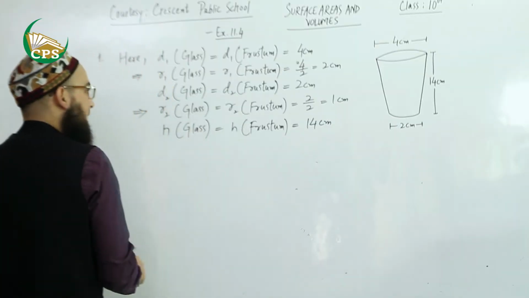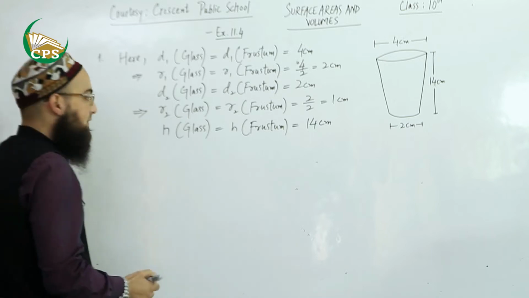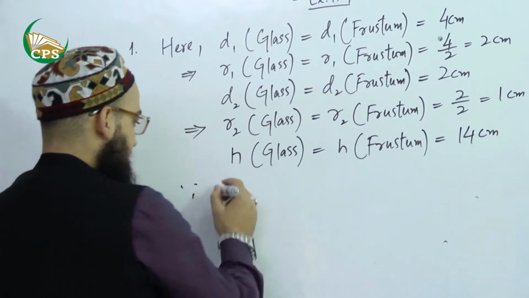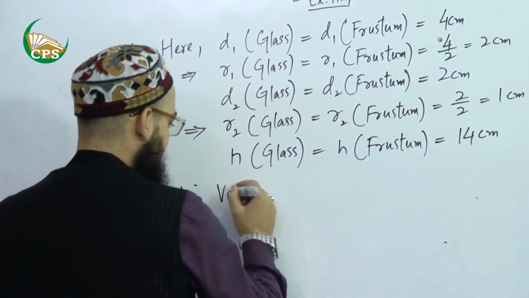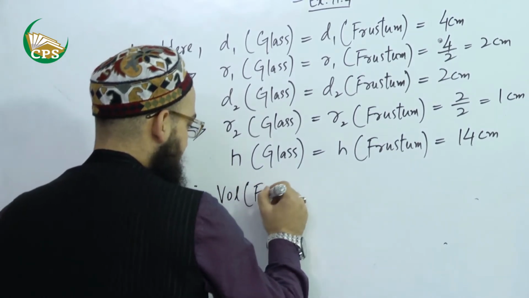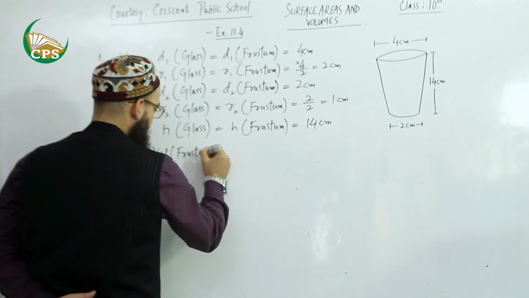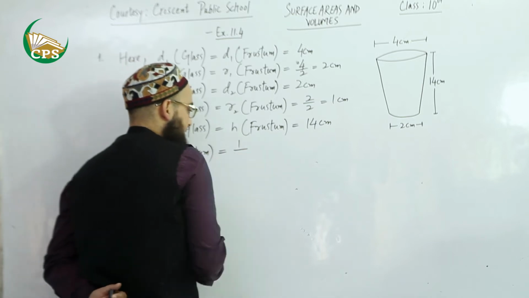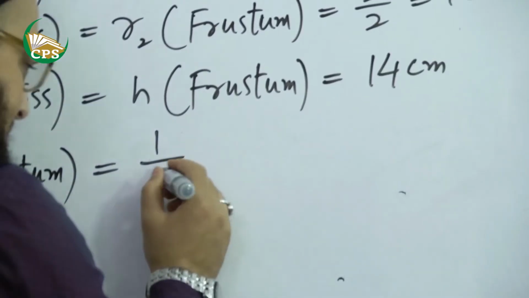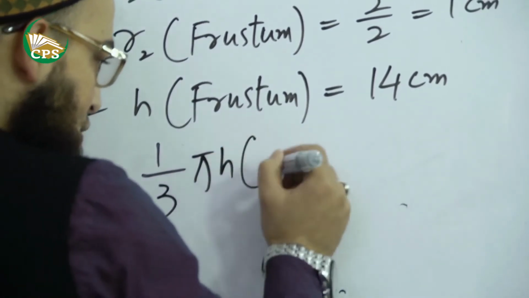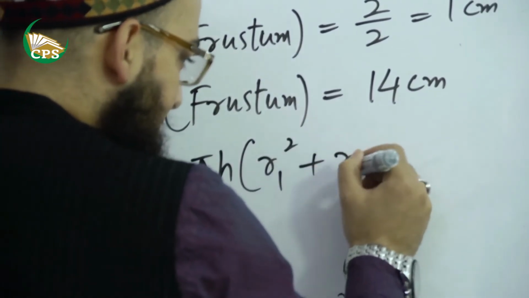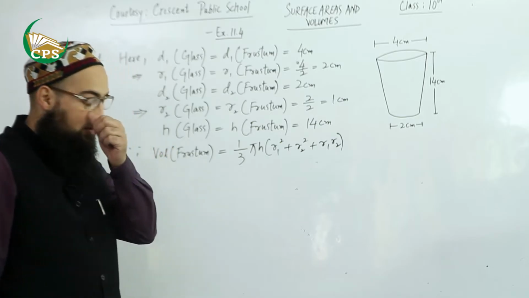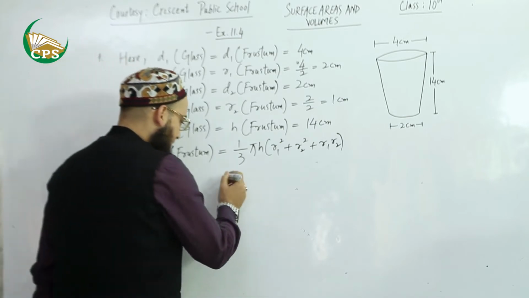So we know the formula for finding out the capacity or the volume of a frustum. Since volume of frustum, by the formula table, we know it's 1 by 3 pi h times R1 square plus R2 square plus R1 R2. That's the formula for finding out the volume of a frustum.